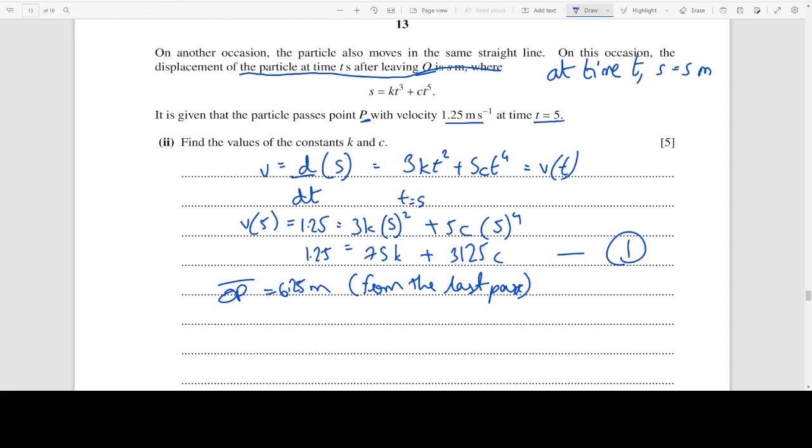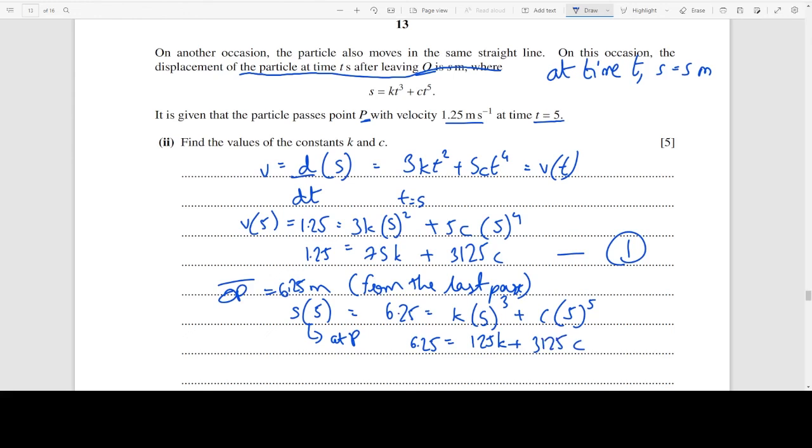So s of 5, the displacement at 5 seconds, which is at P starting from O, is equal to 6.25, which is k times 5³ plus c times 5⁵. So 6.25 is equal to 125k plus 3125c.